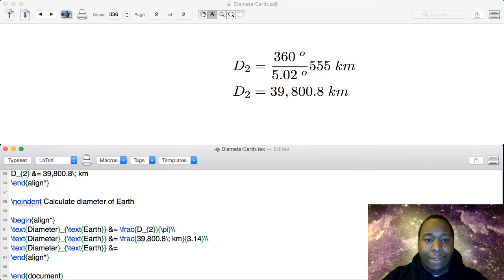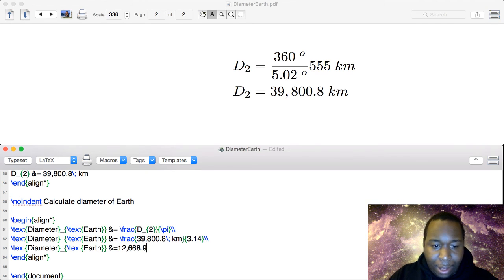So I'm going to go ahead and calculate this on my own computer here. 39,800.8, and this should be divided by pi. And we get 12,000, and the value that we get is here.